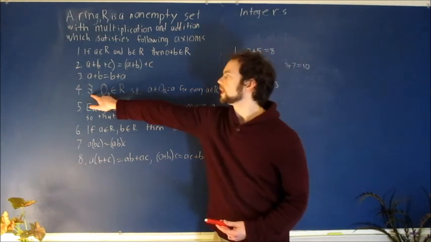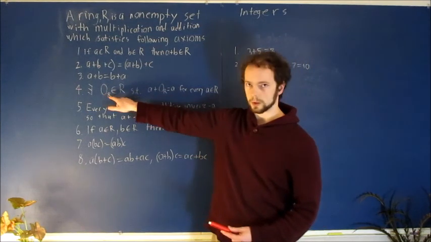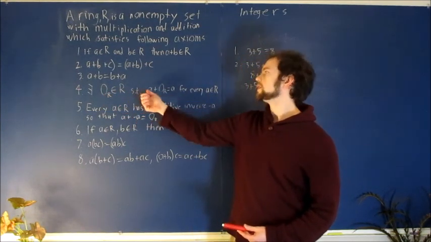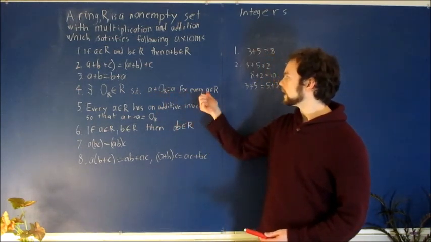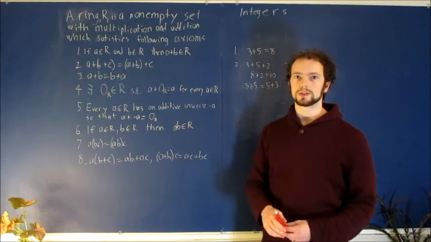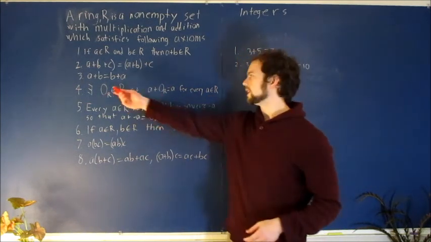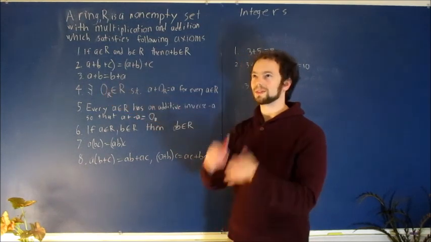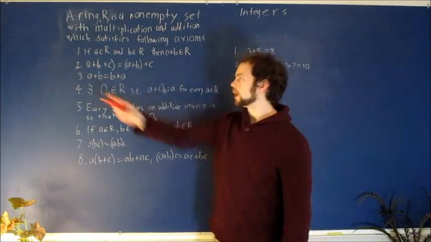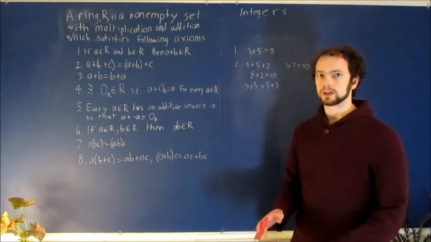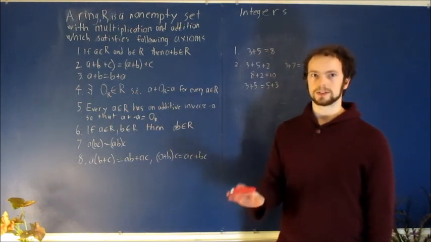Because what this is saying here is there exists some element in the ring, which we're calling 0R, such that A plus 0R equals A for every element A in R, right? So for any element that you pick in the ring, if you add it to the 0R here, you get that same element back, right? It doesn't change it. So 0R here is called the additive identity. Basically, this fourth criterion just states every ring has to have an additive identity.